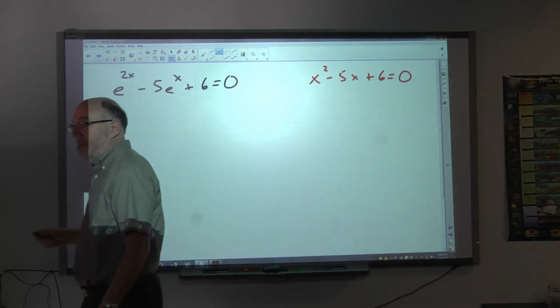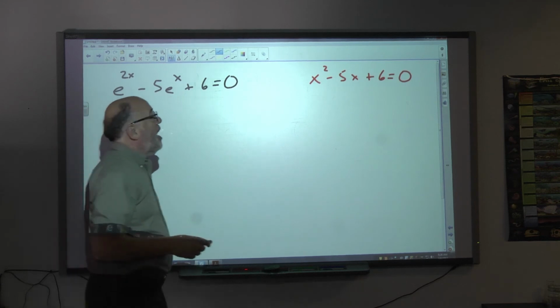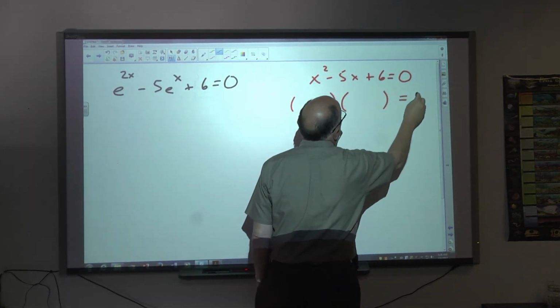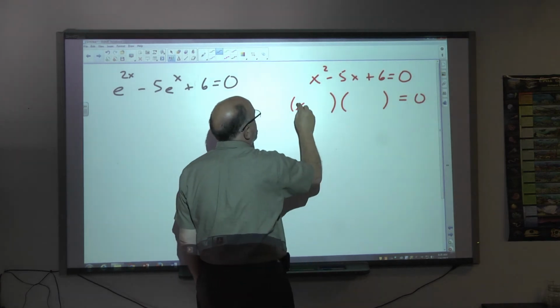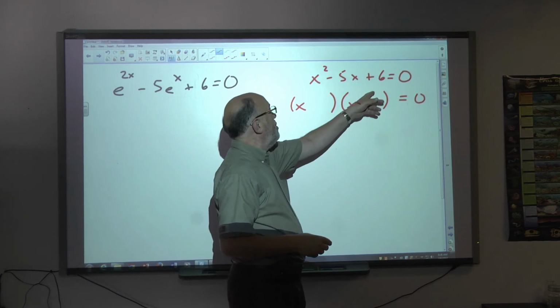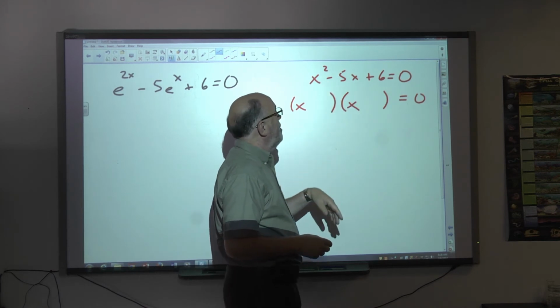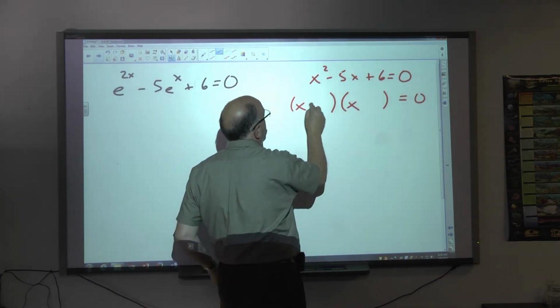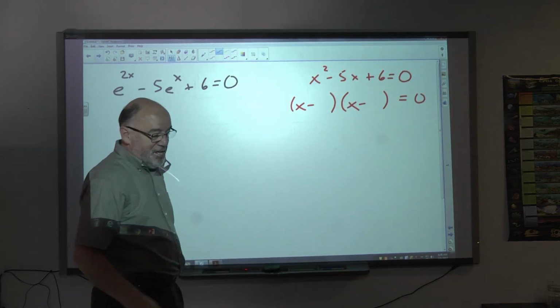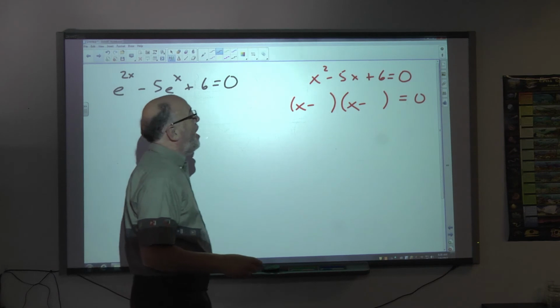It's factorable. So if I factor this, we're going to get an x and an x. We got that the 6 is positive, the middle term is negative, which means both of these have to be negative. And then we needed two numbers, multiply together, give you 6, and have a total of 5.